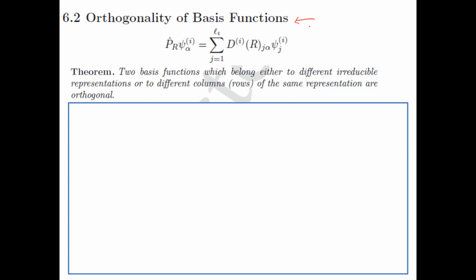Now we're going to do a formal proof of orthogonality. The theorem is that two basis functions which belong either to different irreducible representations or to different columns or rows of the same representation, meaning different partners, are orthogonal. Let's prove this theorem.